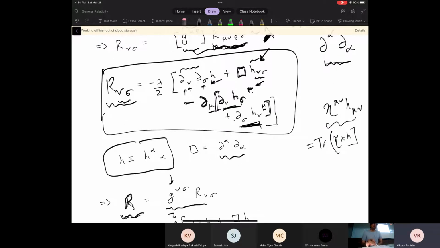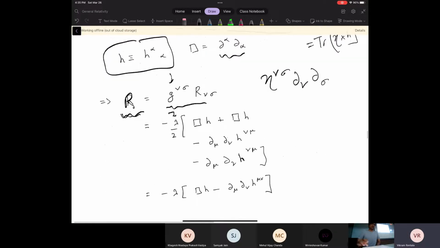When you contract this, I'm multiplying by η^{νσ}. So what is this going to give me? The first term is just the wave operator. This is just good old special relativity, and it is really special relativity because you're solving in the background of an η_{μν} metric.